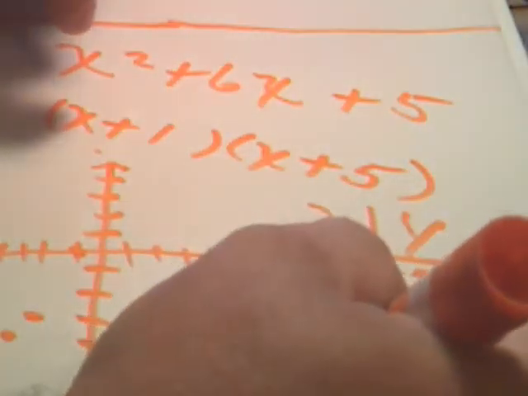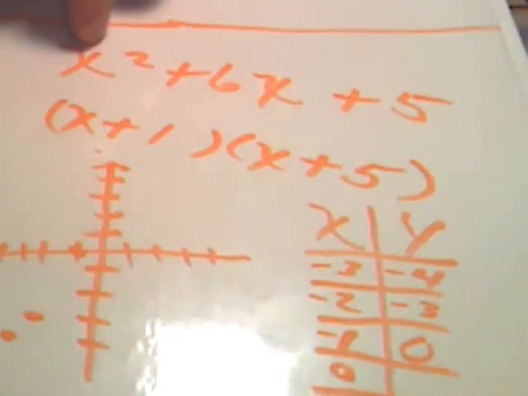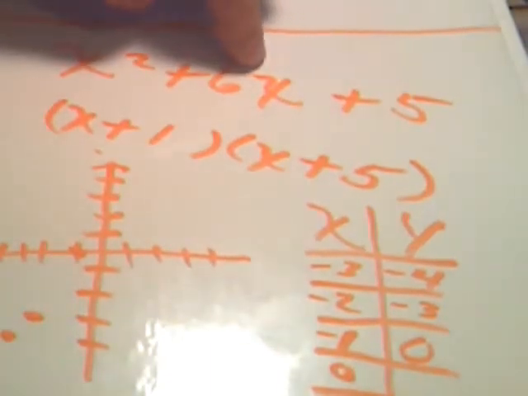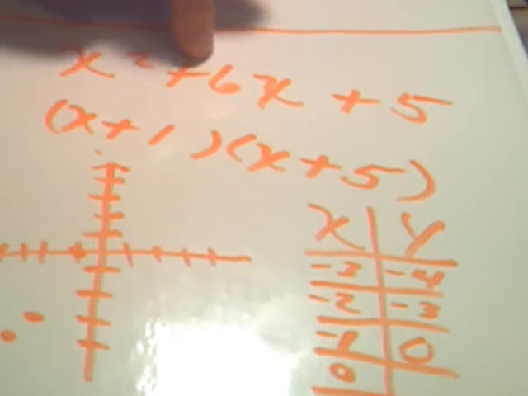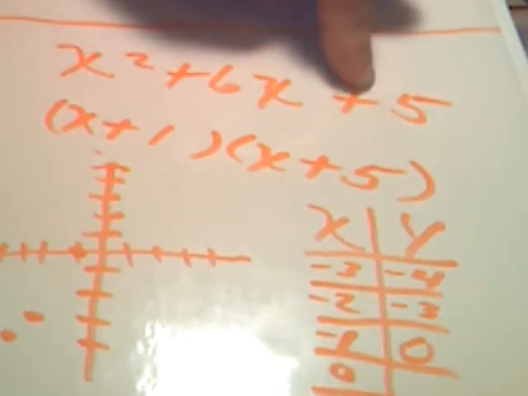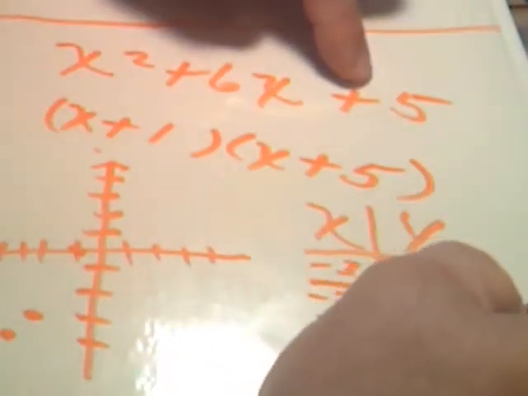Let's do a -4. -4 squared is 16, plus 4 times 6 is 24, but it's a negative, so it's -24 plus 16, which is going to be -8 plus 5. -8 plus 5 gives us -3.